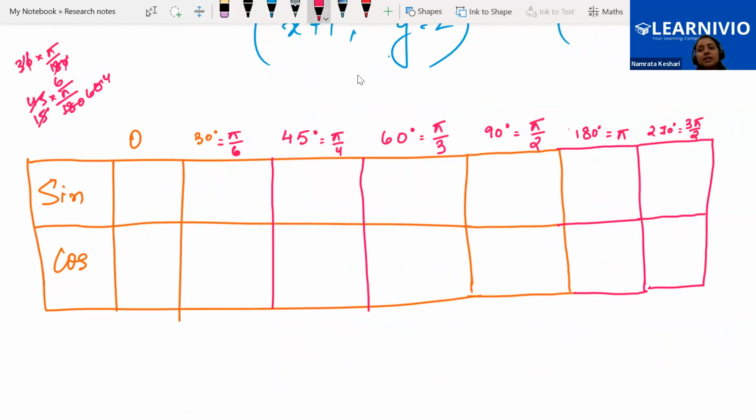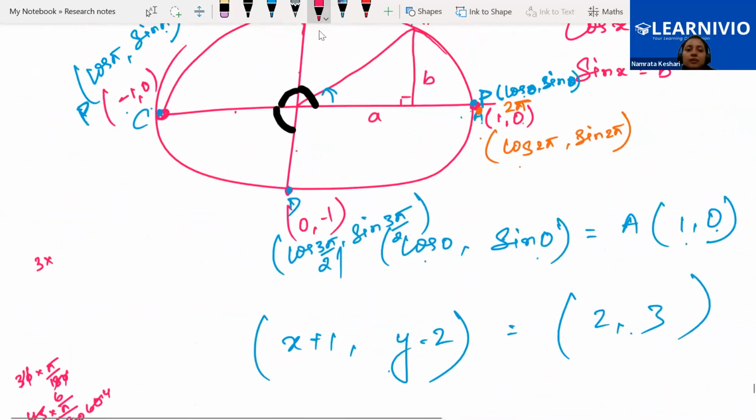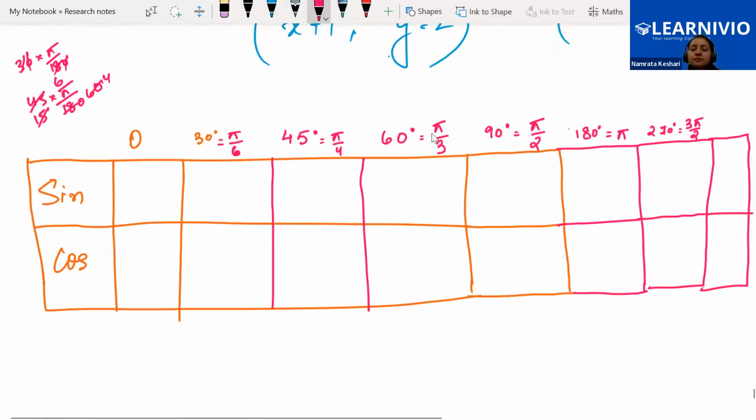Now we are extending our table. Just now we observed something, and on the basis of that we are going to extend our table, and the last one is 2 pi. Okay, 360 degree. From here, if we just join it, it is nothing but one complete revolution. That means 360 degree. That means 2 pi. Okay, let's write it. Just a second.